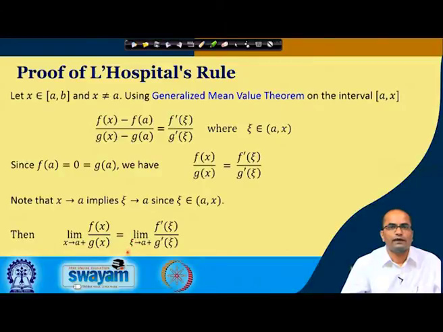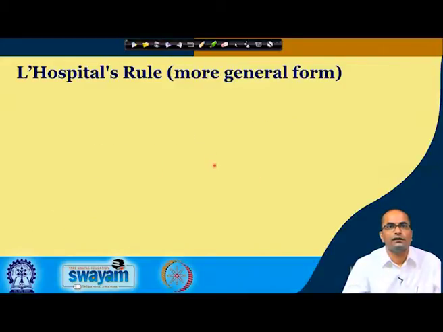And now we can replace this xi by some other name, the most suitable being x. So, what we have seen is that the limit as x goes to a plus of the ratio f x over g x is nothing but the limit as x goes to a plus of f prime over g prime. So, this is the proof of this L'Hopital rule using the generalized mean value theorem.